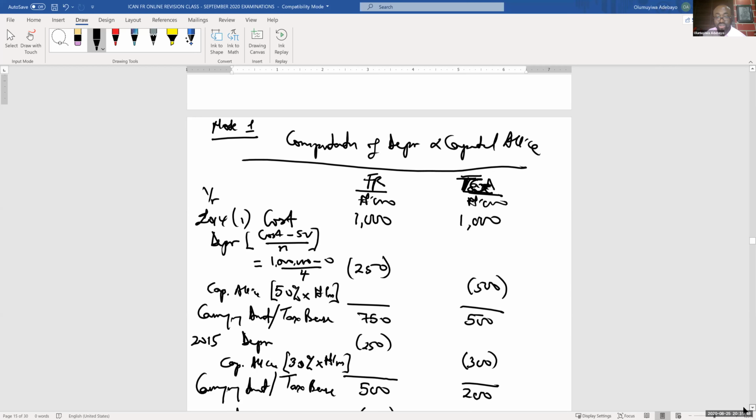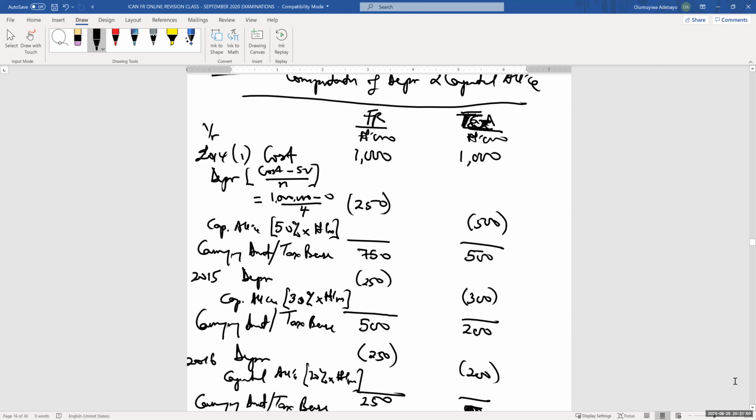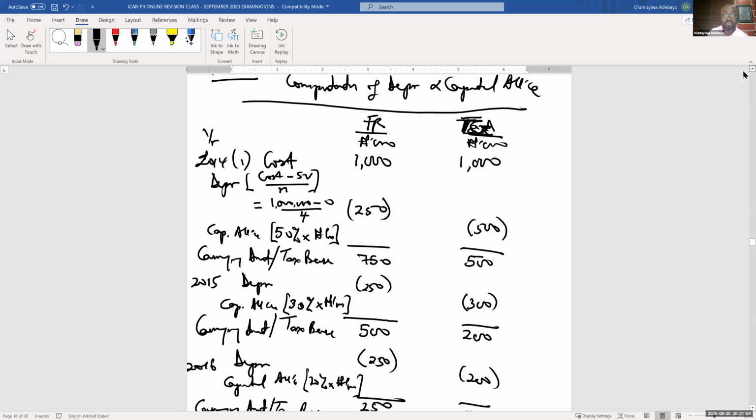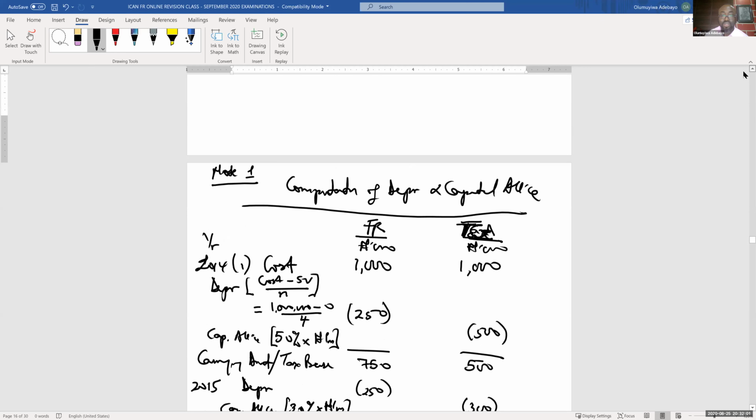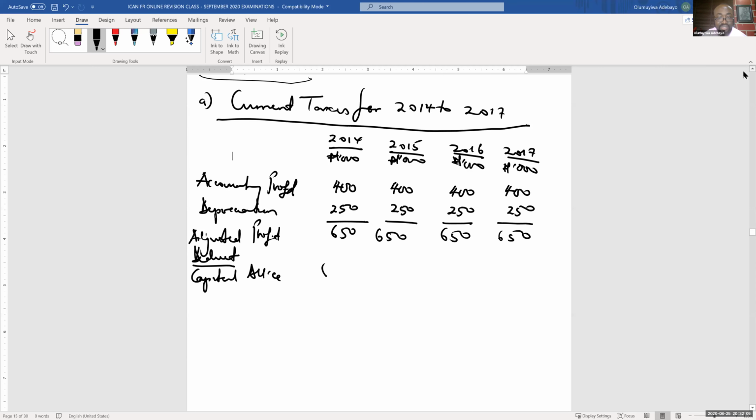And year 3, what? 200. Therefore, we replicate that up here. And I come here to say my capital allowance is 500 in year 1, 300 in year 2, and 200 in year 3. And final year, nothing.